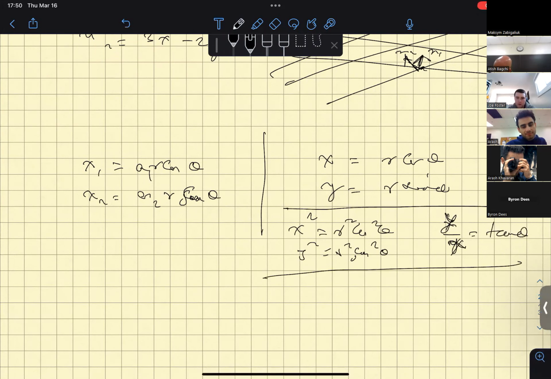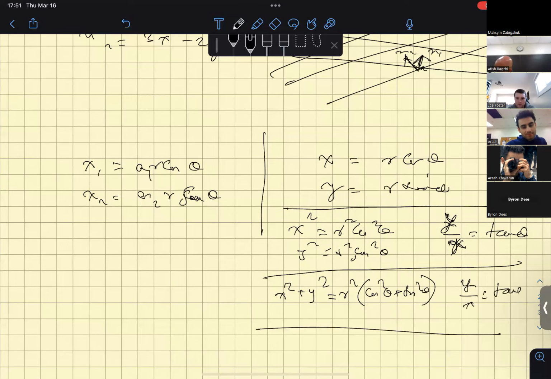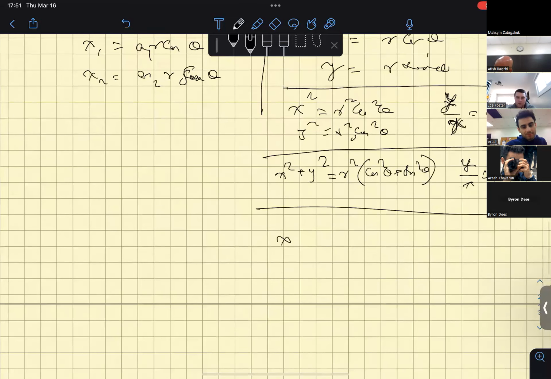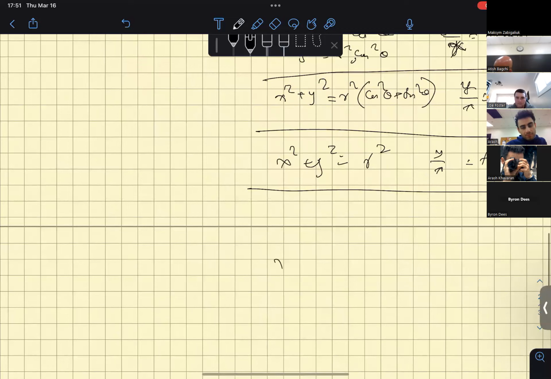So if you add these two, you get x squared plus y squared equal to r squared times cosine squared theta plus sine squared theta. And here you get y over x equal to tangent of theta. So this means x squared plus y squared equal to r squared, which means that r is equal to the square root of x squared plus y squared.